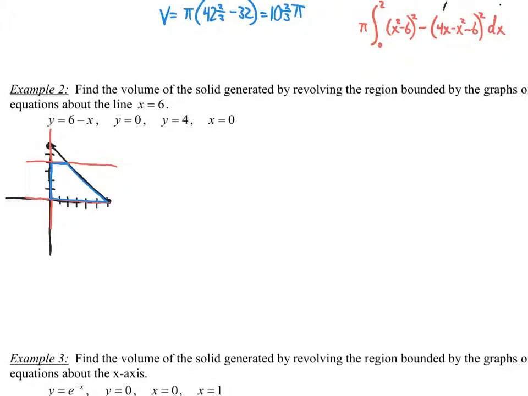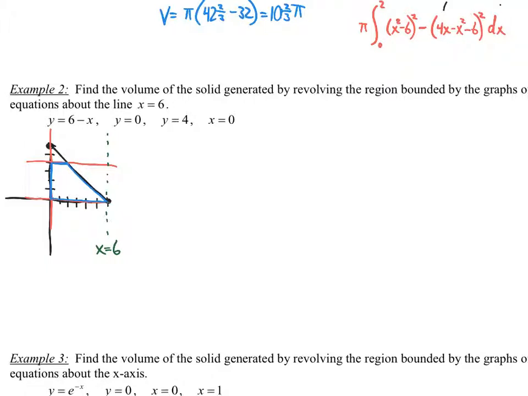Now check this out. This is going to be kind of a cool looking thing. So here's our line x equals 6. Alright? Now, for one thing, we're revolving it around this way, so what are we going to be integrating with respect to? Y. Okay?